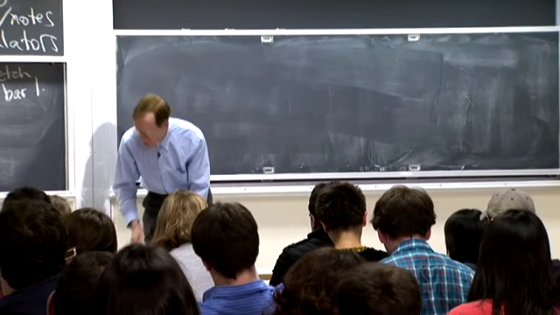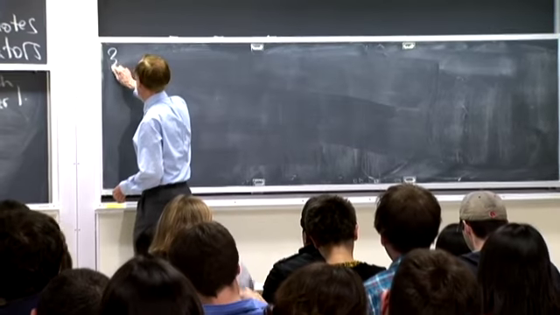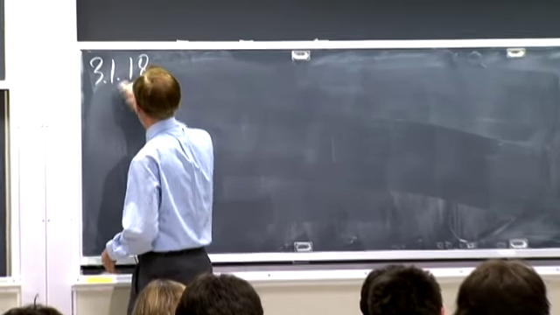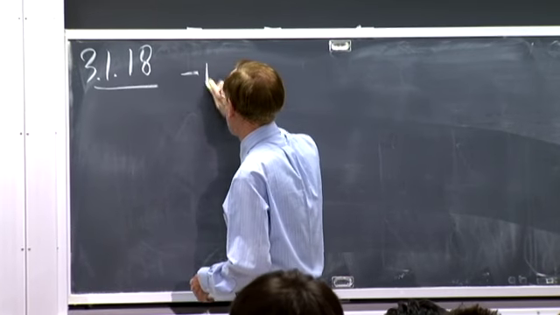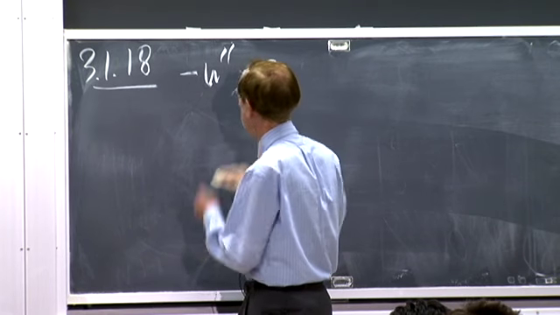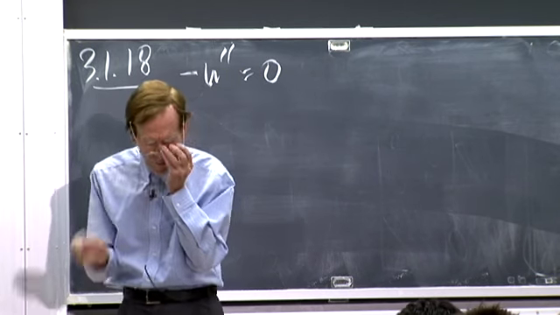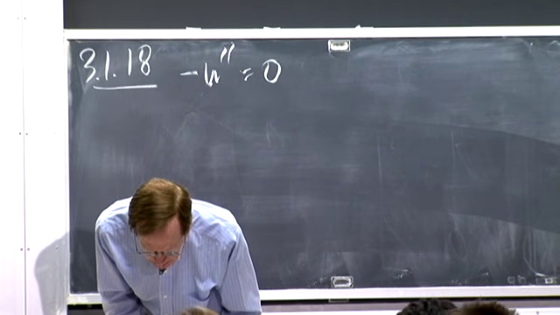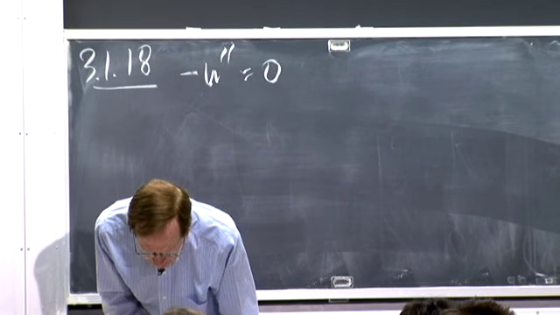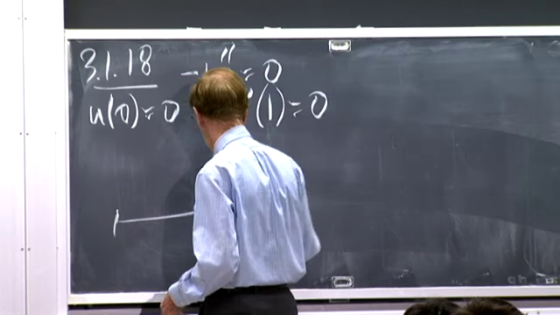This is section 3.1, number 18, and it asks about the equation u double prime equals 0. Well, we've talked about it in class, with u of 0 equals 0, but u prime, the slope, equals 0 at the other end. So what's the picture if I use linear elements?